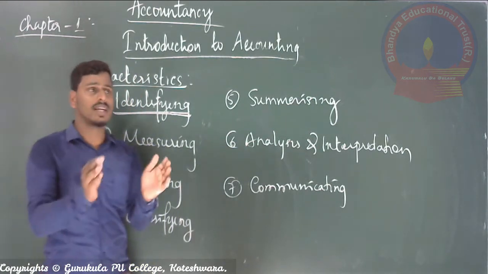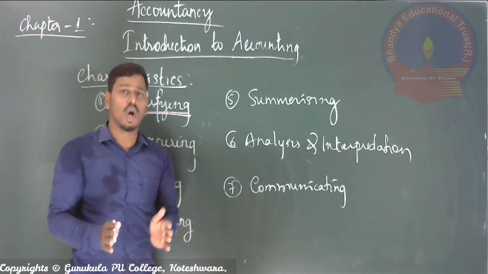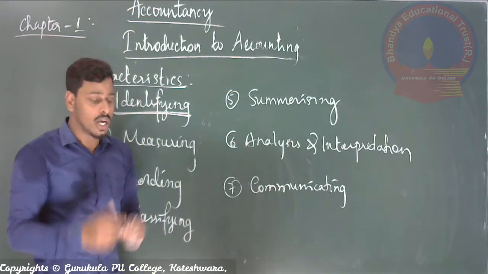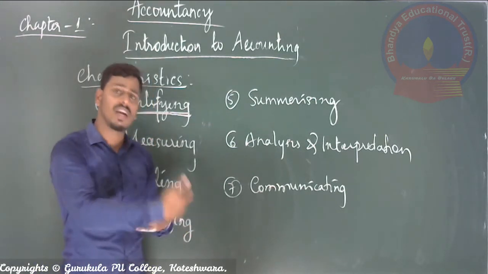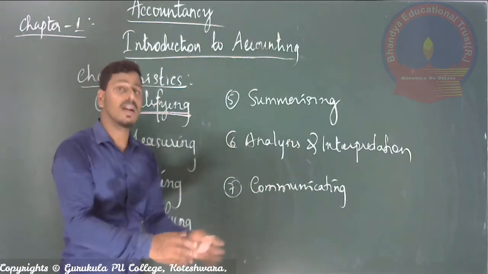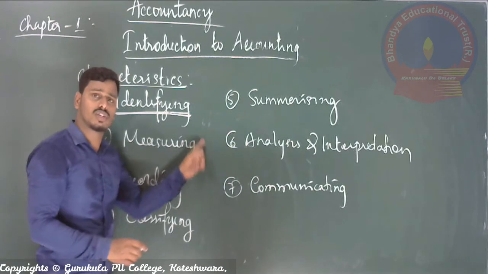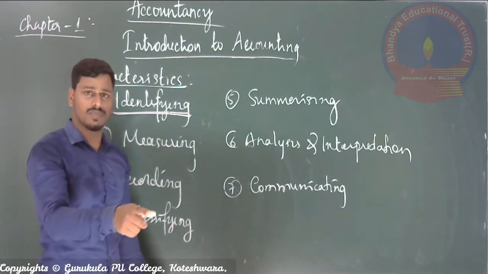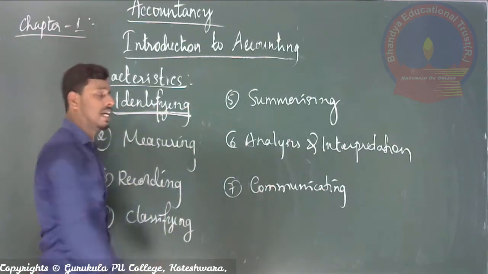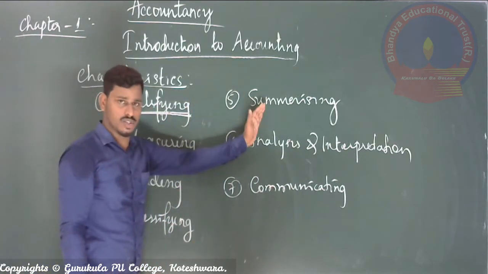At the time of calculation of profit or judging the financial position of the business, the economic information we require and take into account is only recorded, and as an accountant your duty is to first identify those.